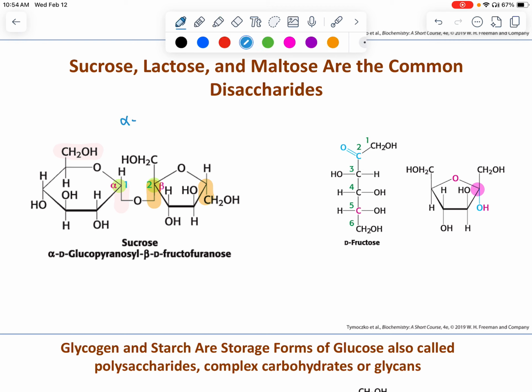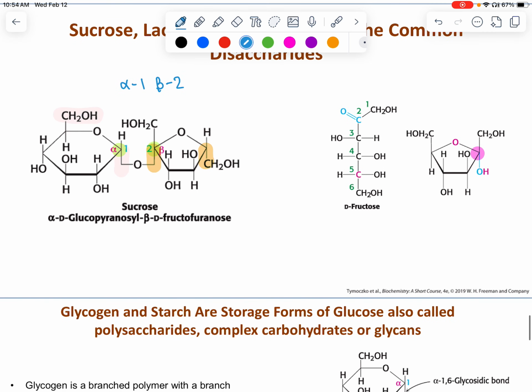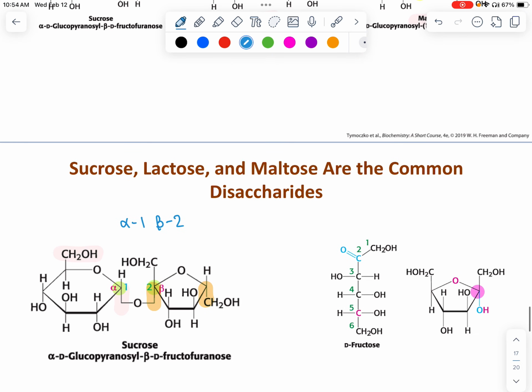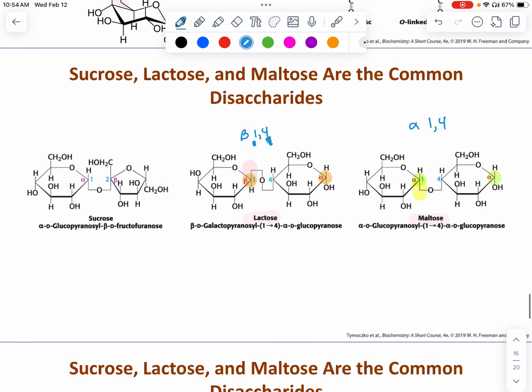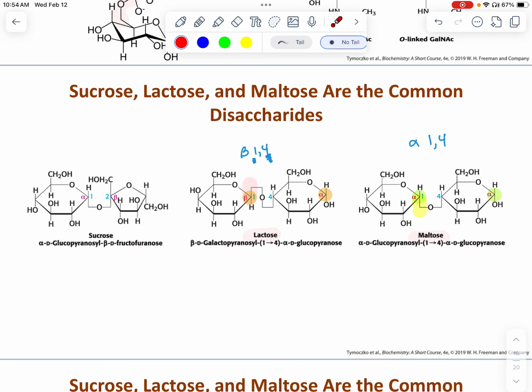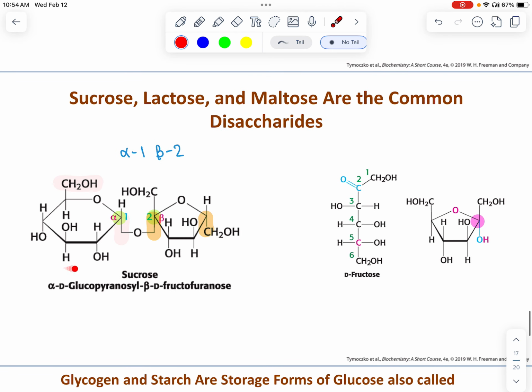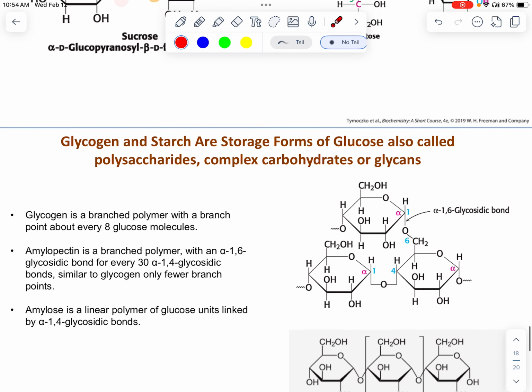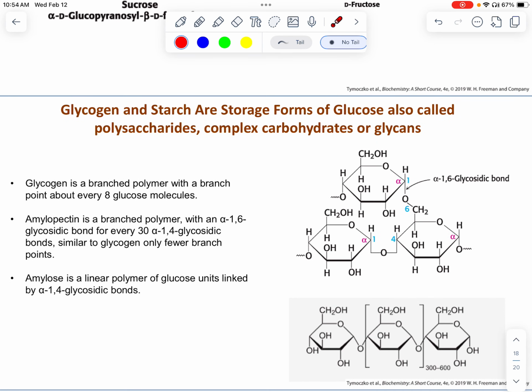So we used the alpha 1, and then the one on the right was beta, and remember, because it's fructose, it was the second carbon. Okay, so alpha 1, beta 2 linkage. All right, we'll do more of that, and we'll have some practice problems, the ones that would be more focusing on these. This one is a little more complex, and we could expect you to do this, but we'll do some more practice.